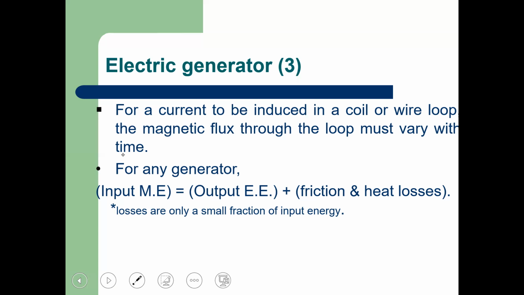So for the energy generator, the input mechanical energy is equal to the output plus friction and other losses. So these are also one of the reasons why when we put something into one thing, we don't get it all out.